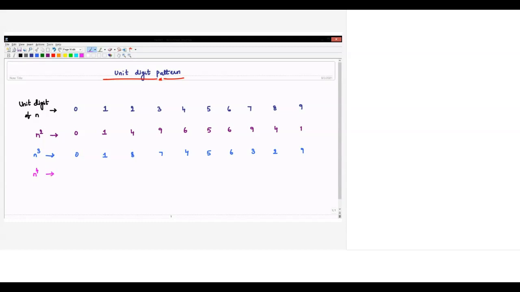N to the power of 4: 0, 1 into 1, 1, 8 twos, because n cube into n you need to multiply, 8 into 2, 16, so only the unit digit. 7 threes are 21, only the unit digit you take, it is 1. 4 fours are 16, 5 fives are 25, 6 sixes are 36, 3 sevens are 21, 2 eights are 16, 1. Only 1, 5, 6 will come.